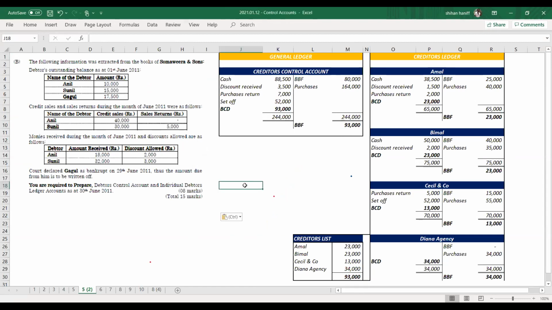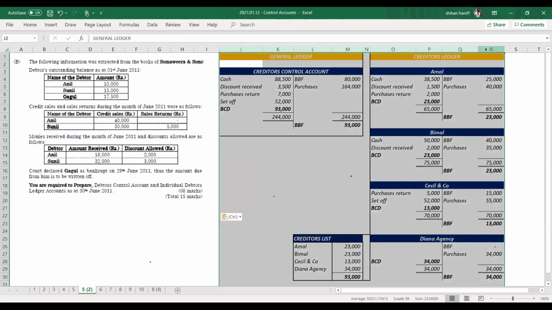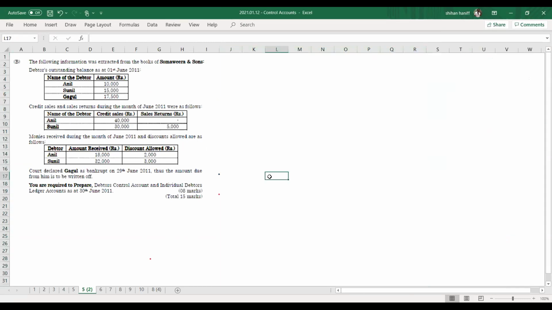Okay, so let's do this question. Debtors control account and debtors ledger. Know the format.